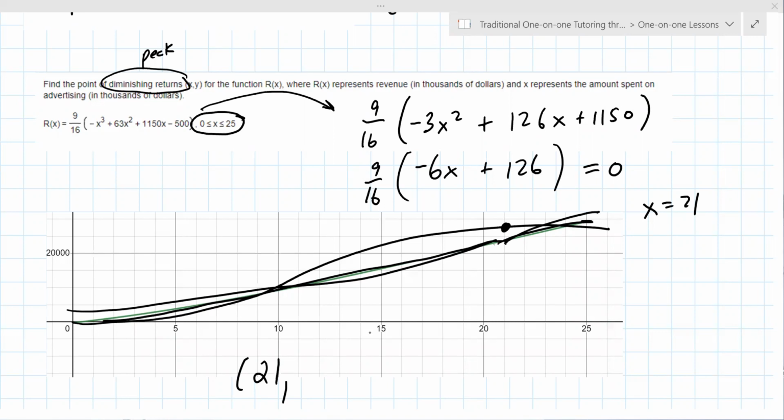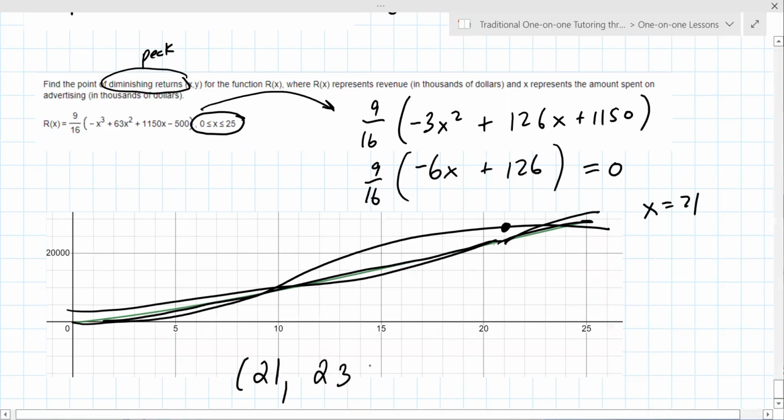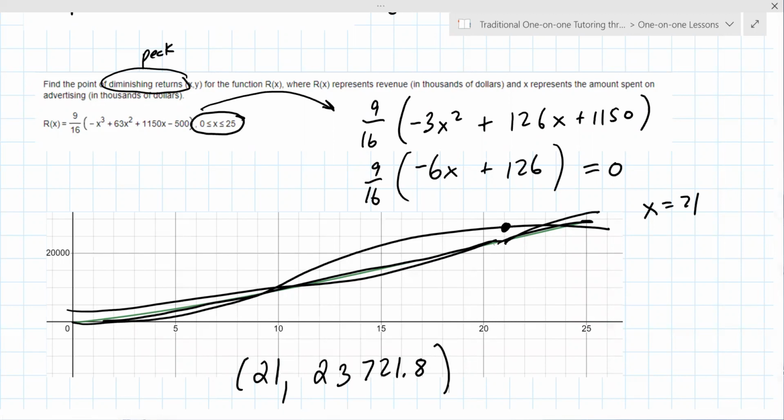All right, so we got 23,721.8. Probably should double check that. Minus x cubed.